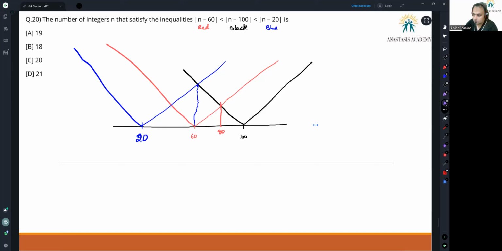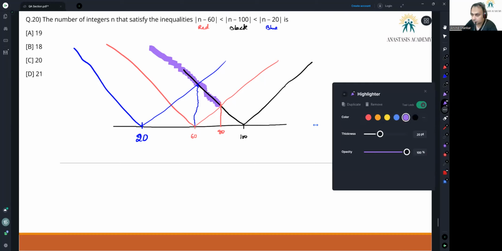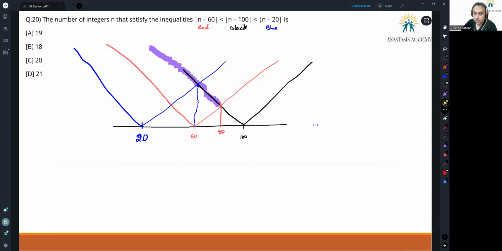Now the portion that is useful for us. See, red one is supposed to be less than the black one. So the portion that is useful for us is this part. Prior to 80, whatever exists is useful for us if we are only looking at the first two expressions. Now, if I'm looking at only n minus 100 is less than n minus 20, the portion that is useful for us is this part.